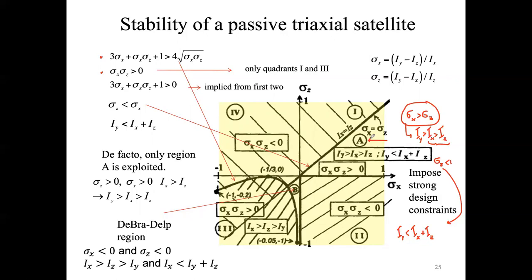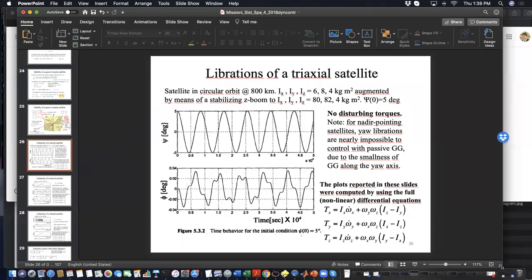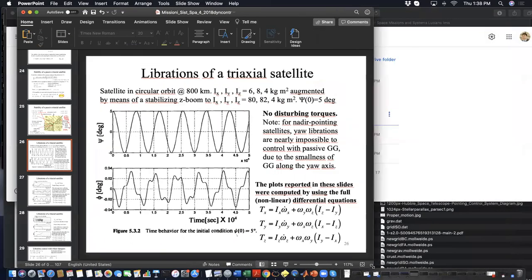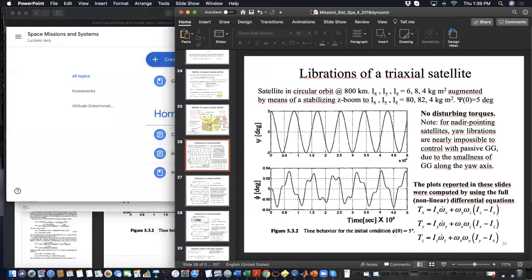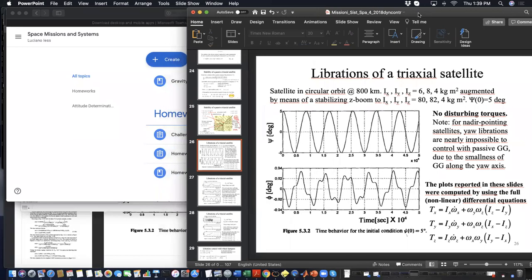In real cases, this is not true. So what we are going to see by the examples that are reported after this slide is that we need to deal with cases when these conditions are not valid, with the full dynamical equations that are reported here.